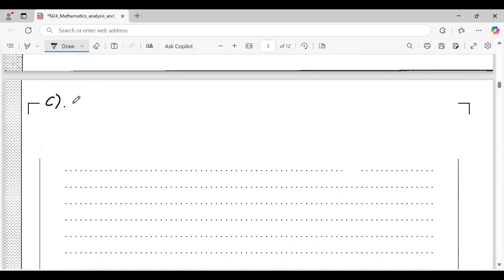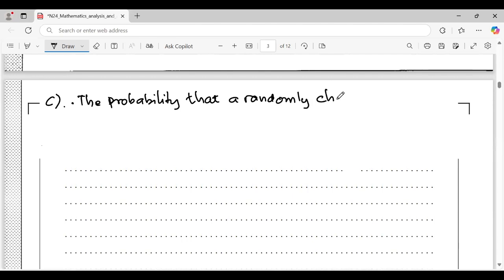Firstly, I would like to find the probability that a randomly chosen user is 45 years or older.